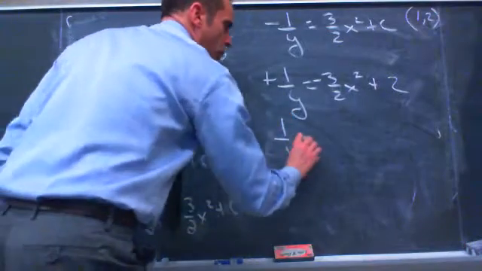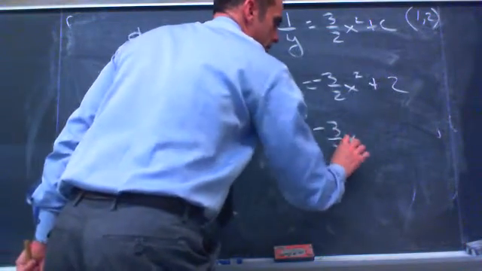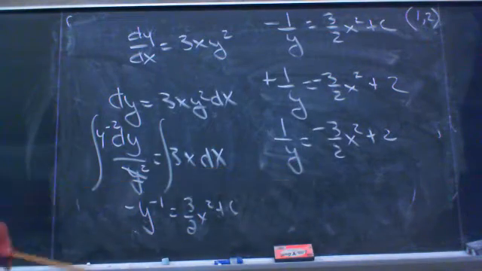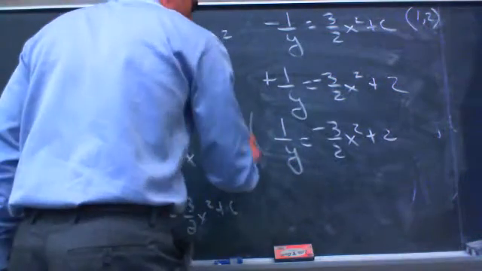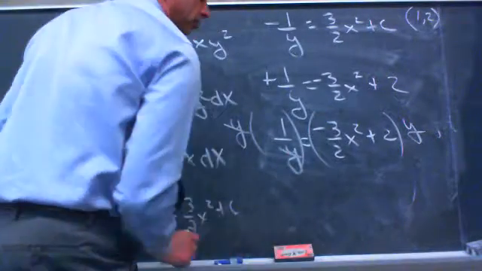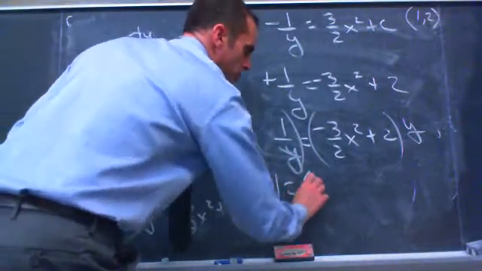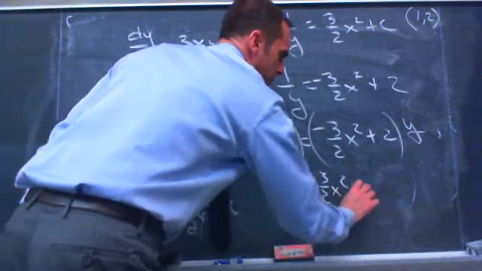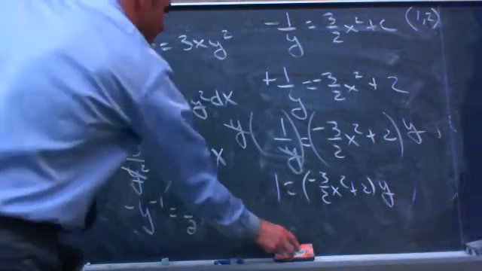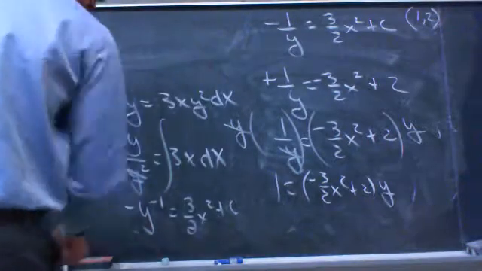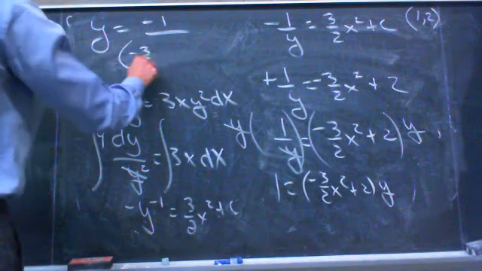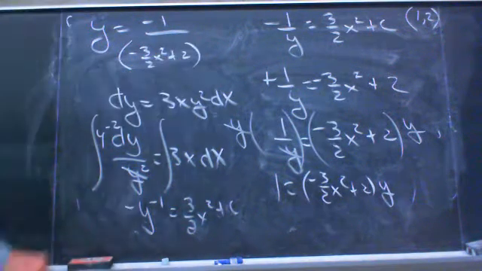So I get 1 over y equals negative 3/2 x squared plus 2. It's a fractional equation. Multiply everything through by y, and then I would get 1 equals negative 3/2 x squared plus 2 times y. Divide. So finally, y would be equal to negative 1 over negative 3/2 x squared plus 2.